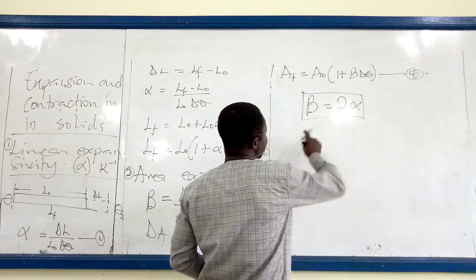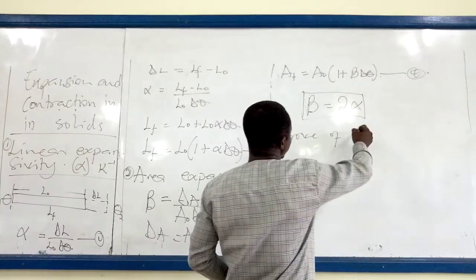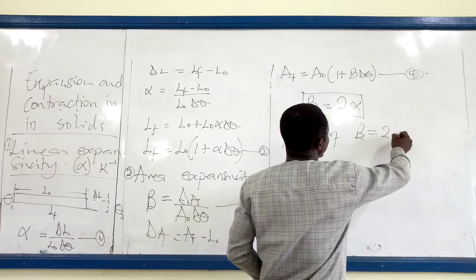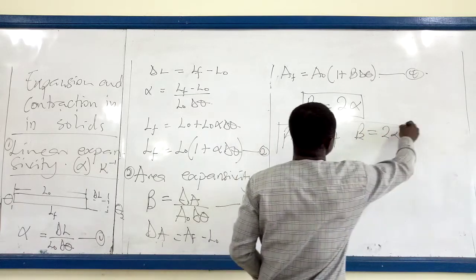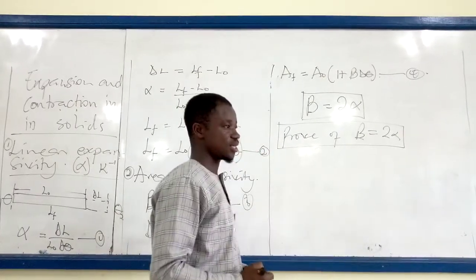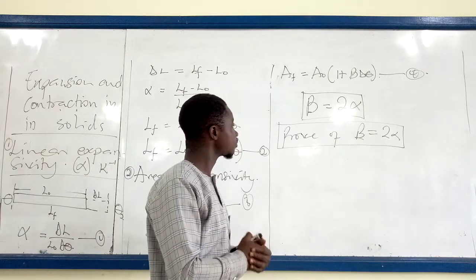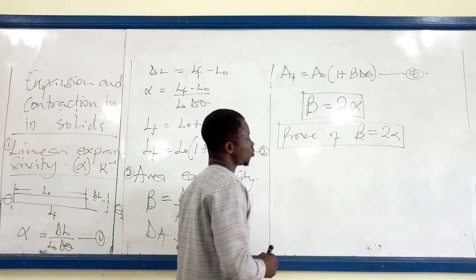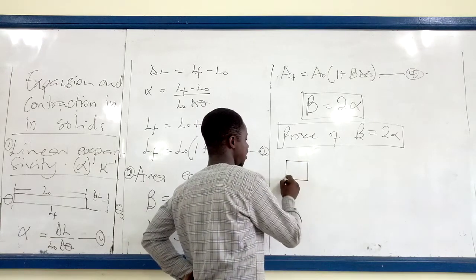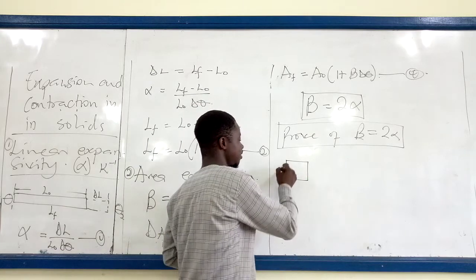So we are looking at the proof of beta is equal to 2 alpha. What we do is let us have an initial substance like this.